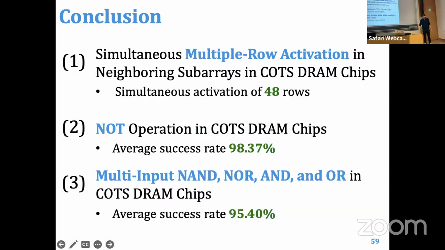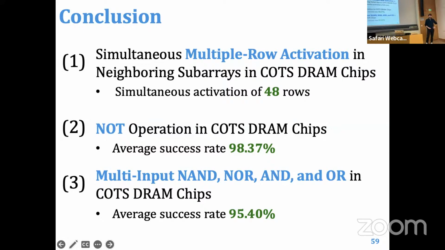The fact that you keep the copy there is mostly in the sense that you have to put the rows somehow there in the correct place, in the correct rows. So I don't think it helps with success rate. But still, success rate is not 100%, and when you are doing computation, this needs to be taken into account. Yeah. But still, it's a really good number for a NOT operation.